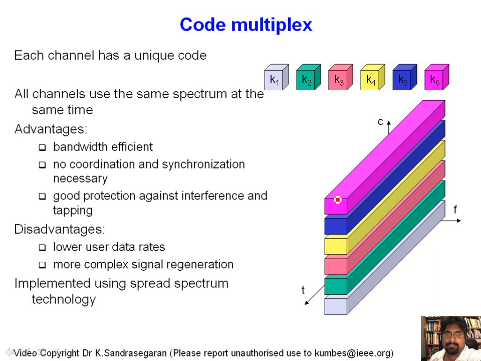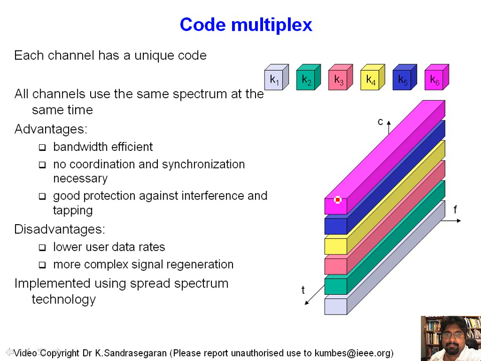Partially one of the reasons is once your human ear gets tuned to a specific language, it stays locked to that communication. In terms of its advantages, it's very bandwidth efficient, because you're using the same band for multiple users at the same time, and you do not require any form of coordination or synchronization.